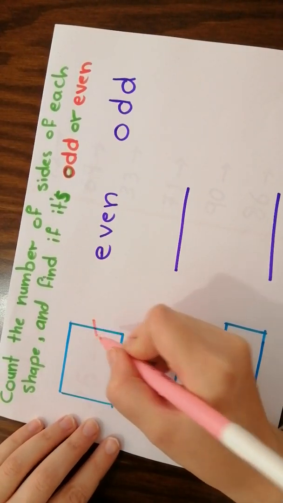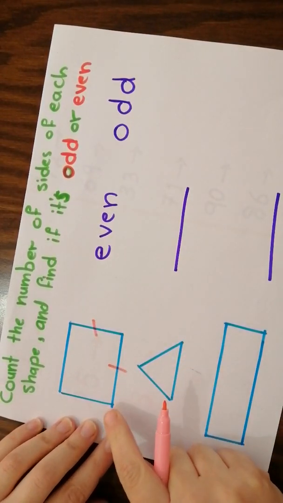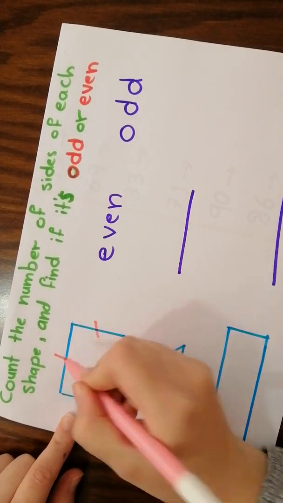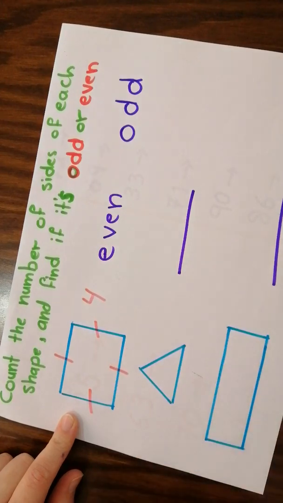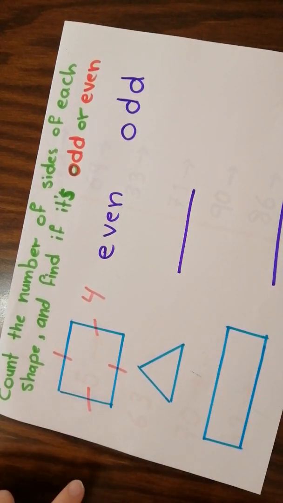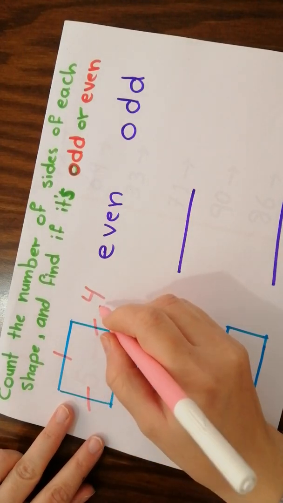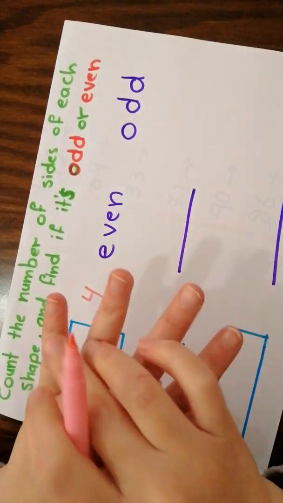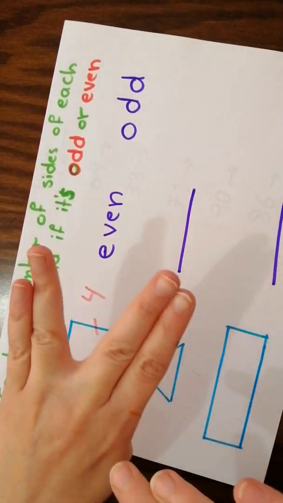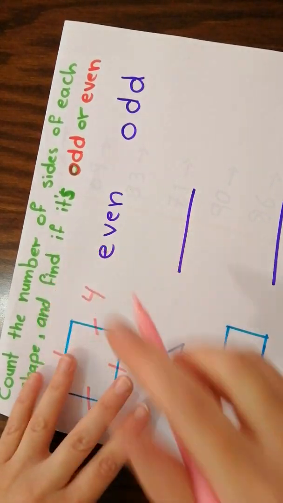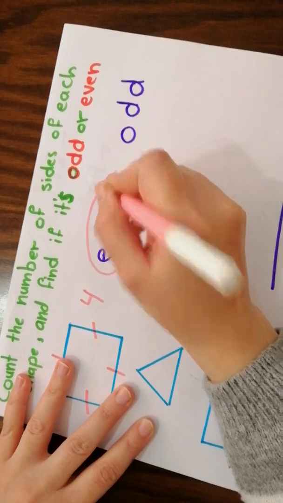So 1, 2, this is a square, 3, and 4. So we have 4 sides. What do you think? Is it an odd number or even number? Number 4. So we put each finger with its own friend. Yes, we don't have anyone left without a friend, so it's an even number.